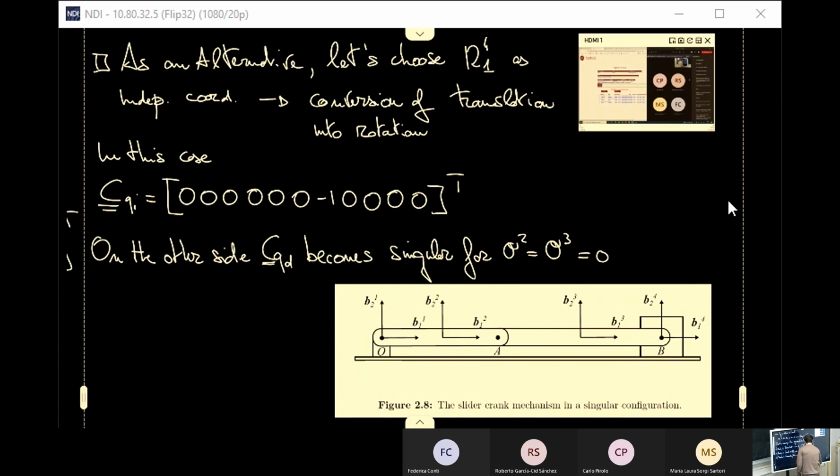Okay, so that's why, and it comes from the choice of the independent coordinate, which can be done arbitrarily. Eventually, in this case, you want to convert translation into rotation, and you have to be aware that it may be the case that this conversion becomes not possible anymore, and you're stuck.